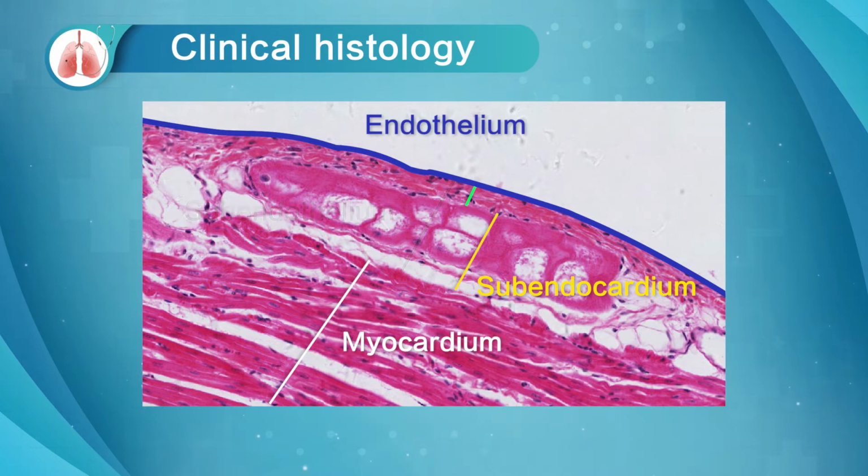The subendothelial connective tissue layer can be further divided into two parts: the inner dense connective tissue layer, lying just beneath the endothelium, spanned by the green line in this figure, and the loose connective tissue layer, found deep to the dense connective tissue layer, which is called the subendocardium, spanned by the yellow line. The subendocardial layer merges with the myocardium.